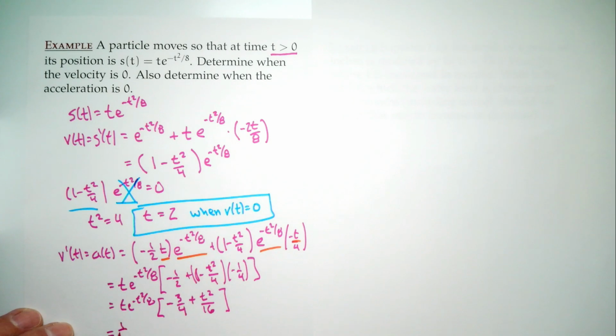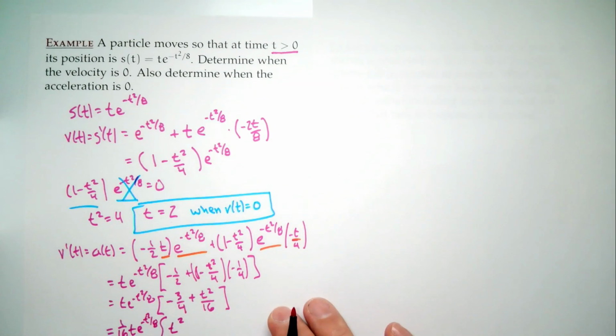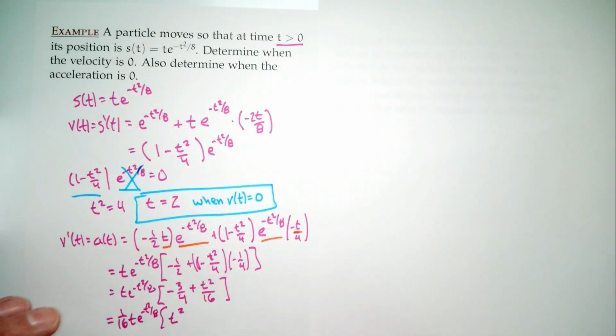So if you were to pull out a 1/16 and clean it up, what you'd have left is t squared, and then what would the minus 3/4 become? Minus 12.